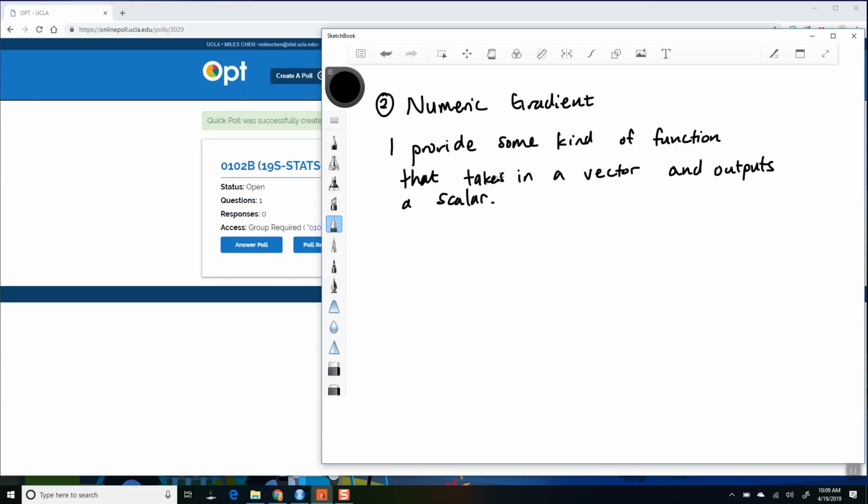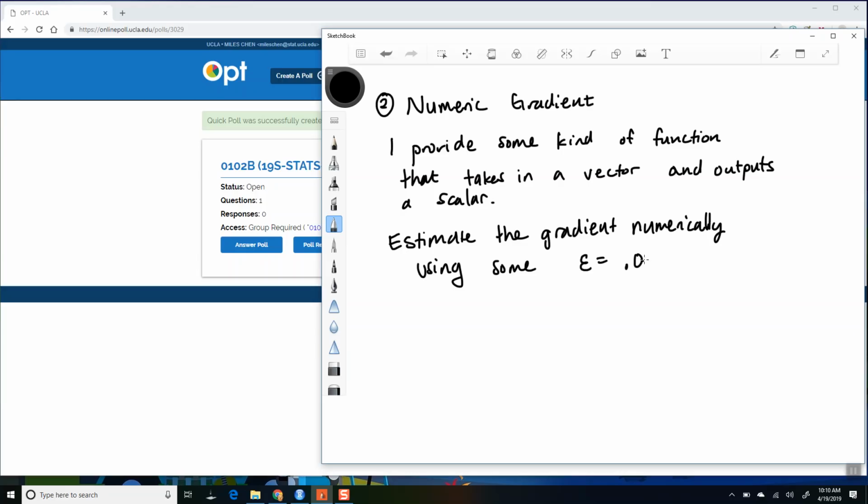And then I'll tell you to numerically estimate the gradients, using some epsilon equal to like 0.001 or something. Maybe I'll artificially inflate it to like 0.01. Okay.